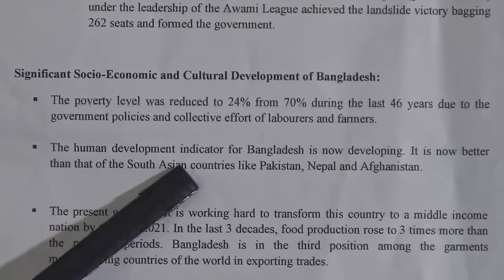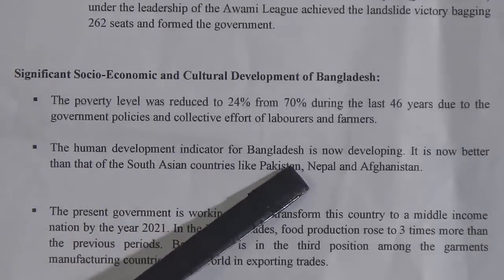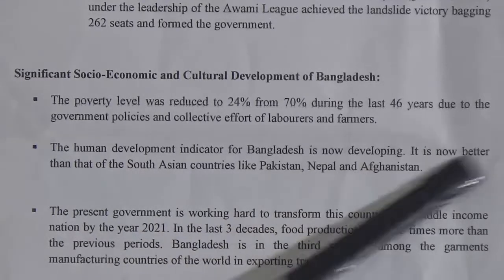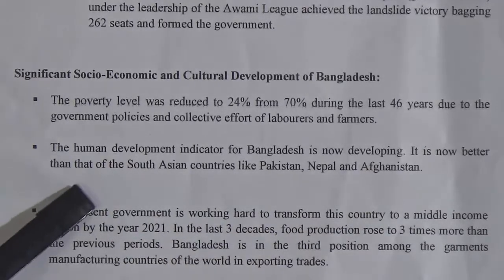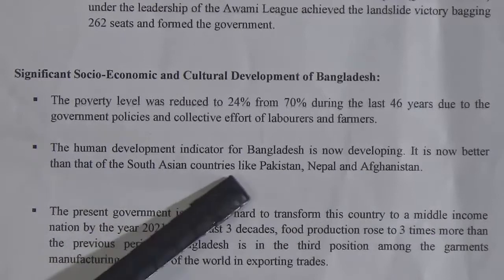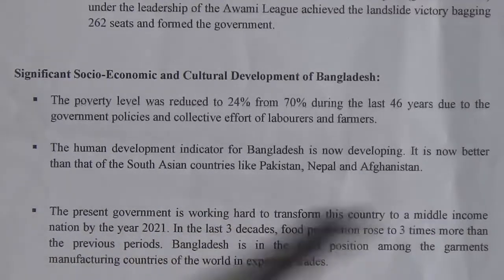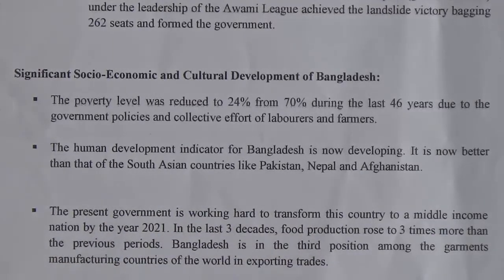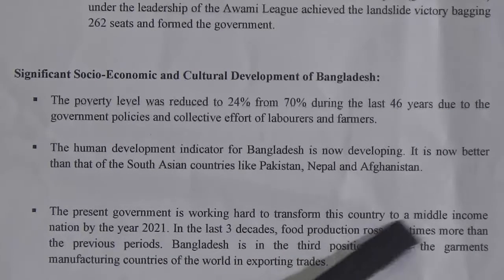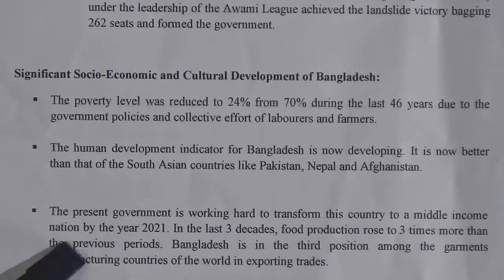The Human Development Indicator for Bangladesh is now developing. It is now better than that of the South Asian countries like Pakistan, Nepal and Afghanistan. Okay, next, the present government is working hard to transform this country to a middle income nation by the year 2021.